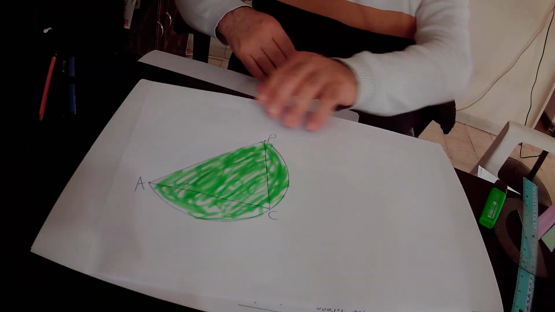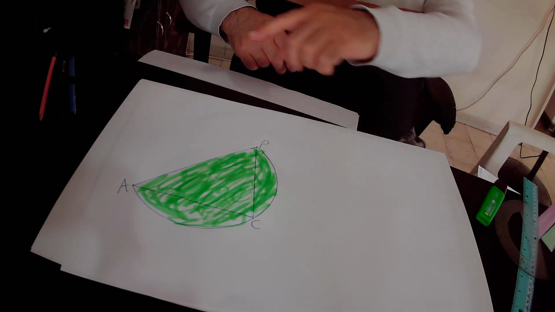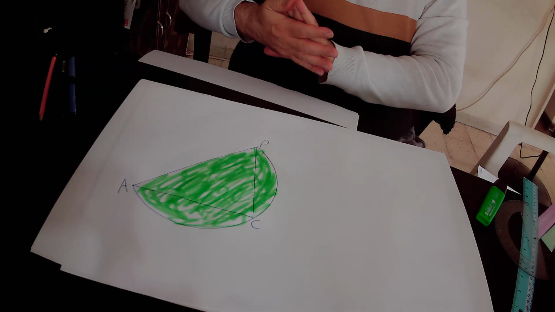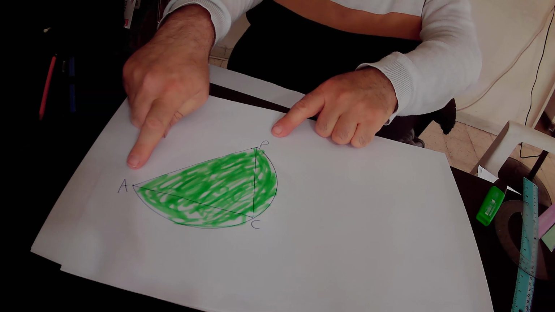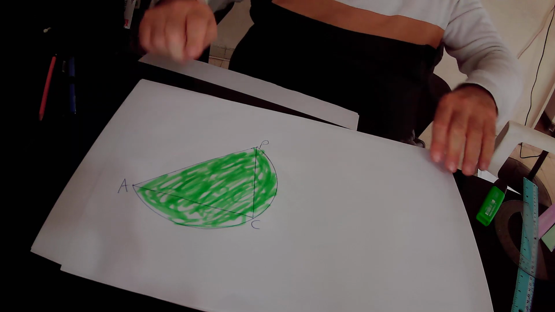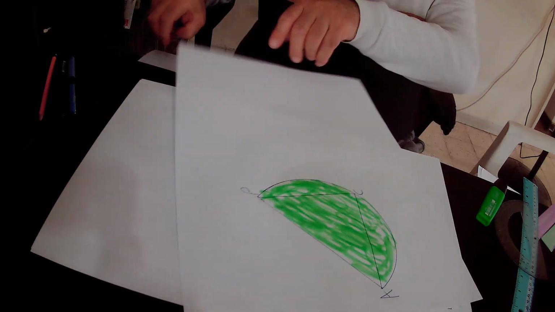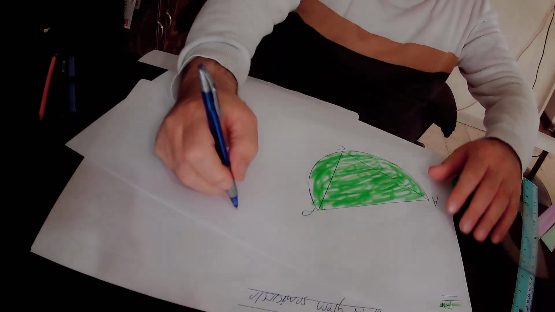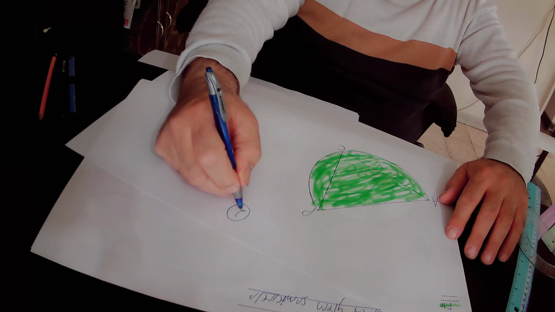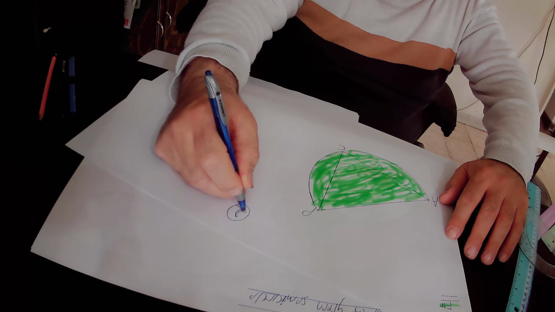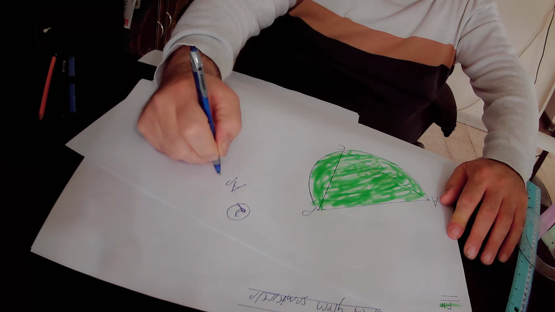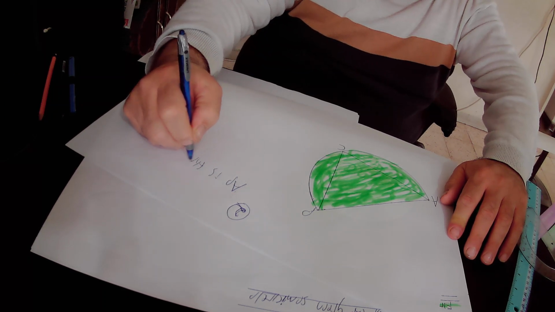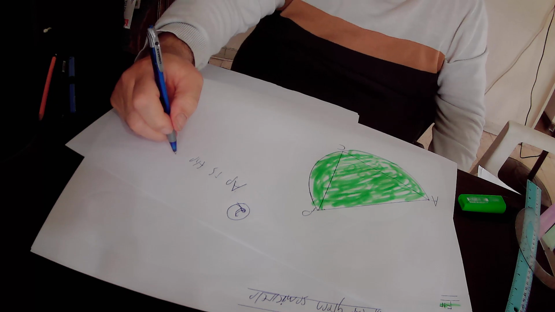So actually, this is the green semicircle that I copied from the original drawing. Here, this side segment AEP is the diameter of this green semicircle, so I write it down.